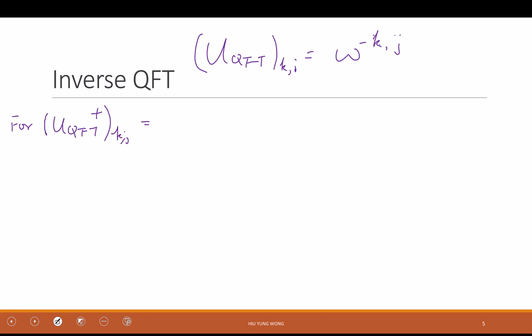After I do the adjoint matrix, you need to do the transpose and also the complex conjugate. What is the element now? It basically is saying that I'm going to get omega to the negative Kj and do a transpose.